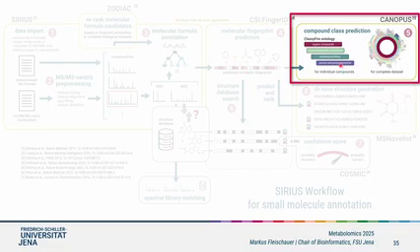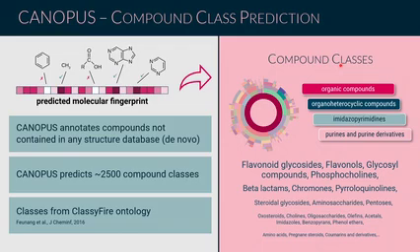And that means you can annotate your whole data set, no matter if you know what database to search in. You will not get a full structure, right? But you get the compound classes for it. And this allows some different types of analysis. So it's about 2,500 classes, and this is very, very accurate.